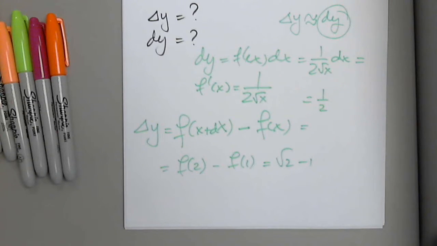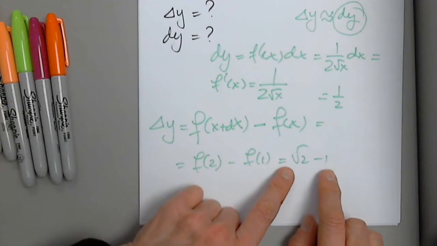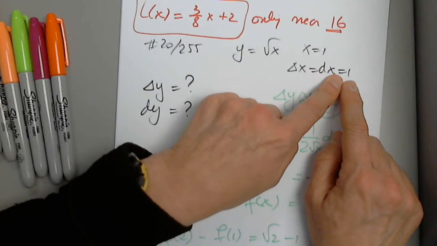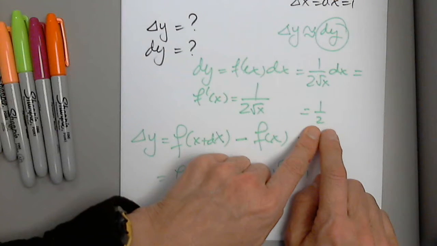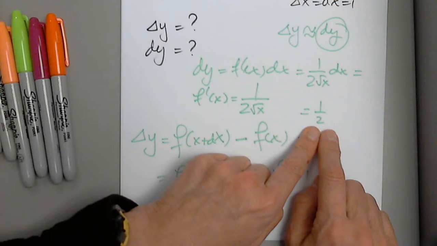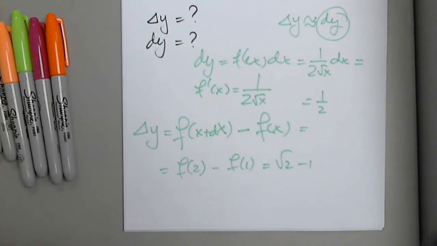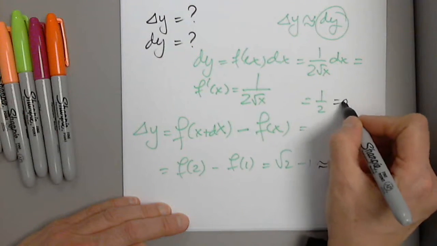They are close, but not very close, right? It depends on dx. That's all we needed to do. So delta y is the exact change in y for a change of 1 in x. dy, which is 0.5 in this case, is an overestimate, right? Let me write it: delta y is approximately 0.4142, and dy is 0.5.